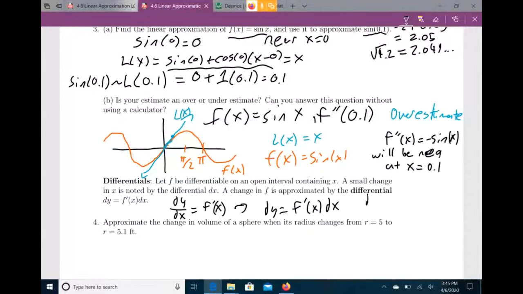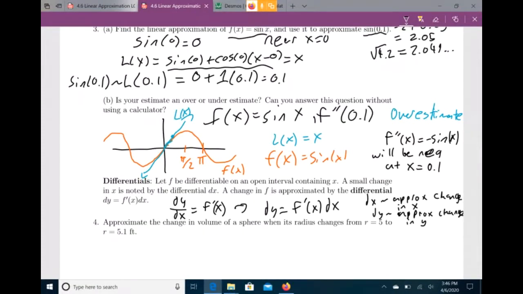Okay, so you think of dx as a small or approximate change in x, and dy as a small or approximate change in y. Okay, and that's how these are related.